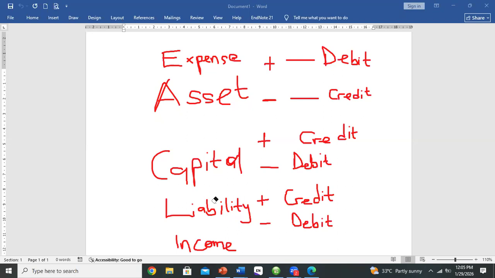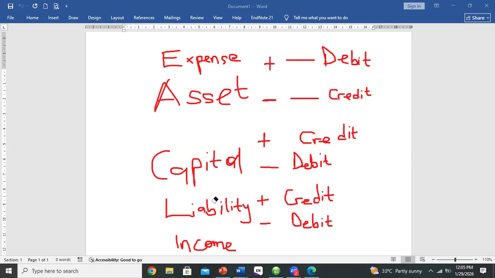And then with capital, liability, and income, capital is capital plus credit. So C plus C. So we have A plus D and C plus C. You can make it a music, learning should be fun. It's not always going to sit down and then you read it, make it fun.